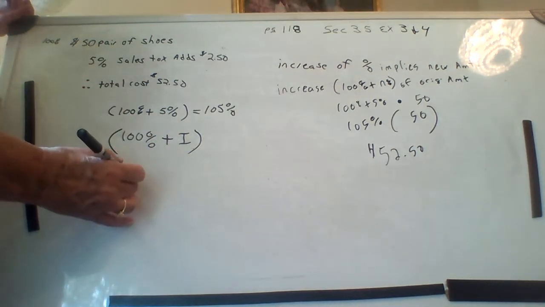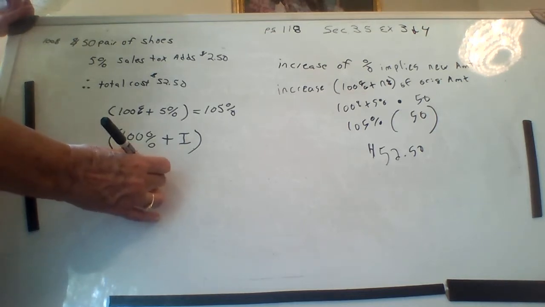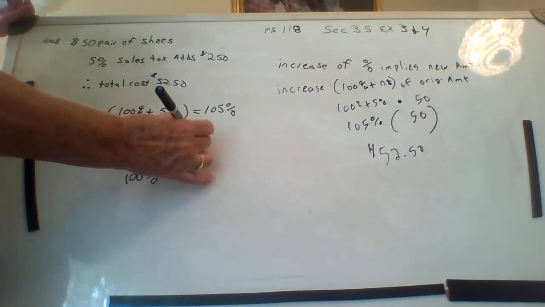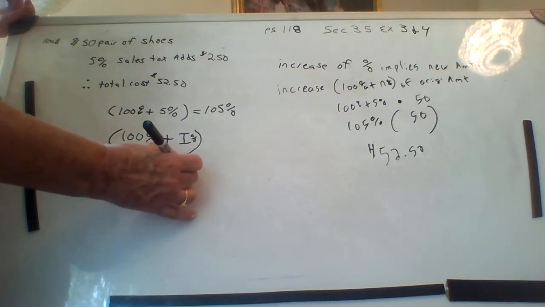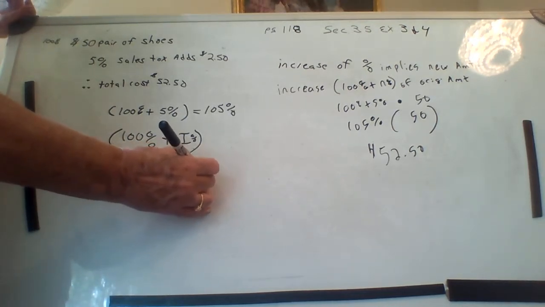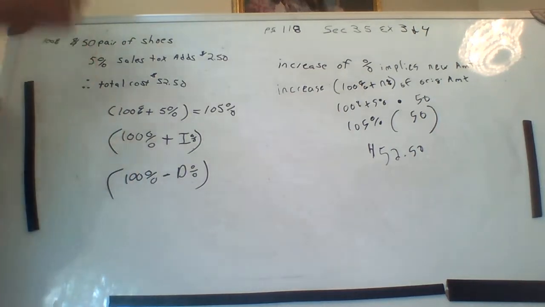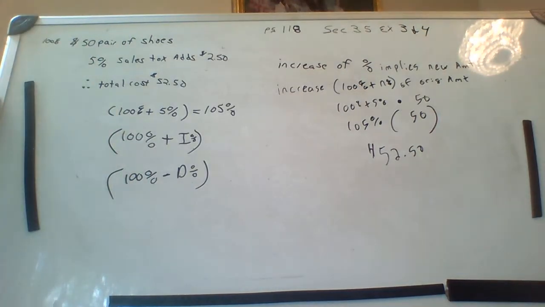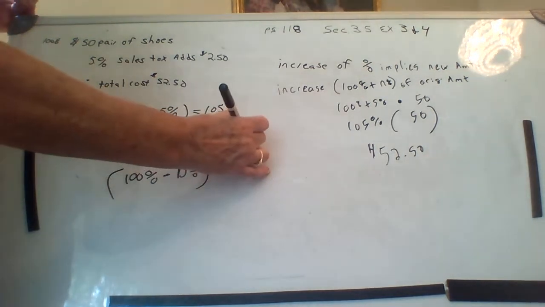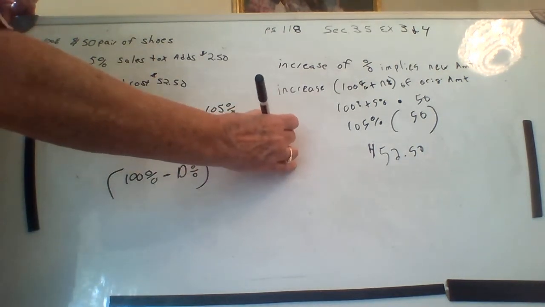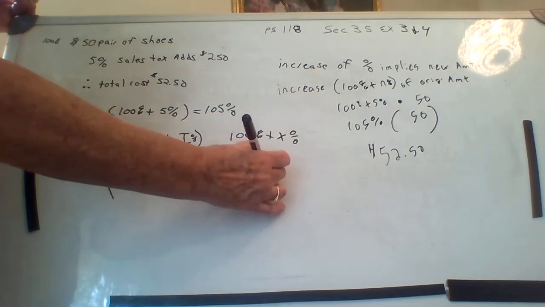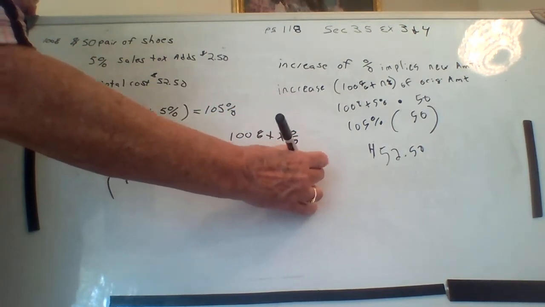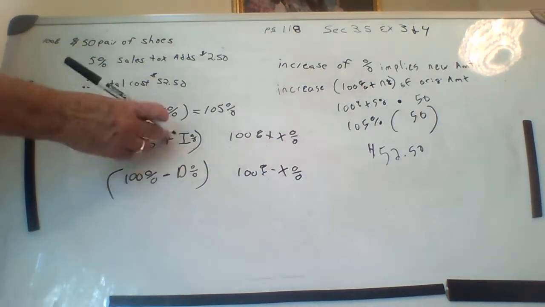If you're talking about decreasing, then you could take the 100% minus the decrease percent. Okay, so it's the same way. Your book plugs it in and says 100% plus X percent, or they have 100% minus X percent. All I'm doing is just using a different variable.